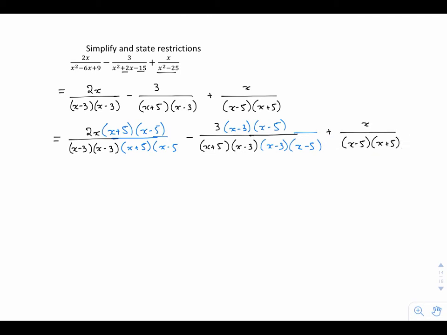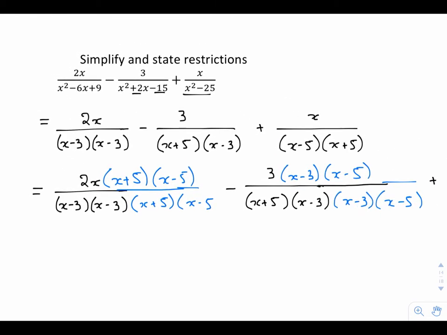Now this fraction, if we look closely at the line above, it has an x minus 5, it has an x plus 5. However, it's missing an x minus 3, it's missing 2 of them. And that's what we're going to multiply top and bottom of this fraction by. X minus 3 and x minus 3.